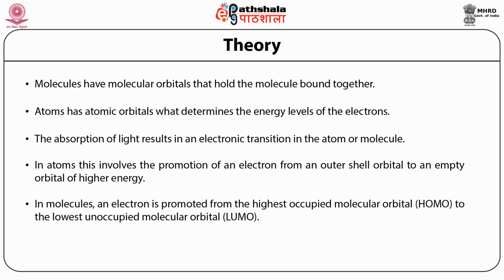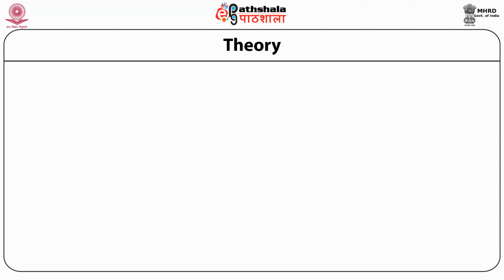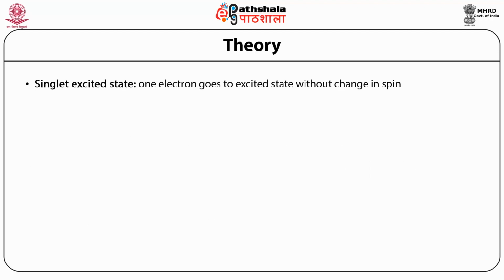There are some terms which are used in fluorescence and phosphorescence, which we should refresh again. Singlet excited state: one of the electrons is excited from the ground state and the spin is not changed. Excitation is moving of an electron to a higher level after the atom or molecule has absorbed energy.